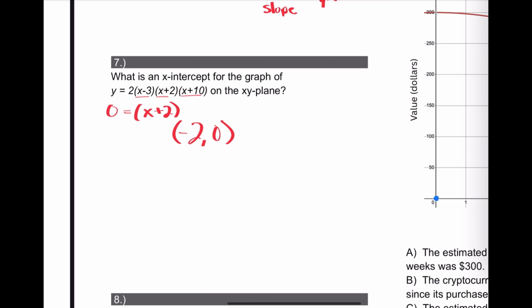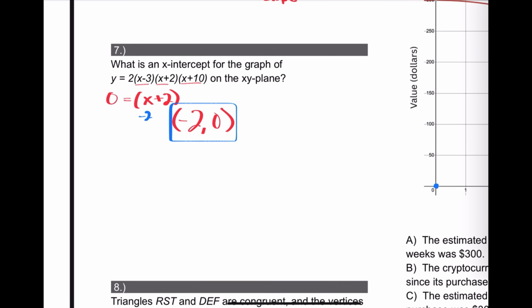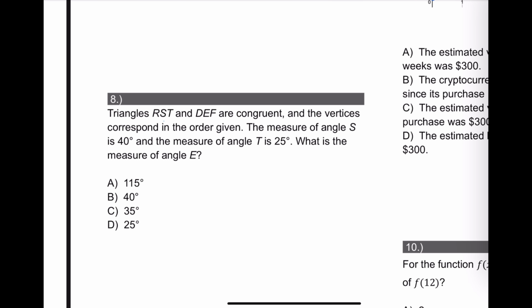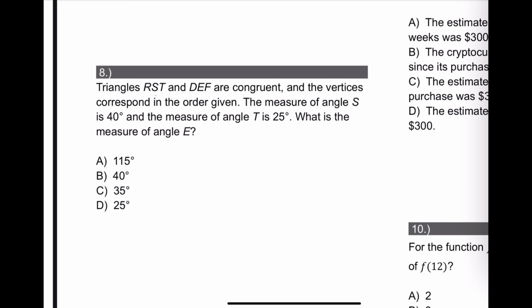Well, -2 plus 2 would be 0. So that would work. You could do that without a graph pretty quickly. If you remember, it's just the opposites of the factors, or you could punch that into Desmos and visually look at that.